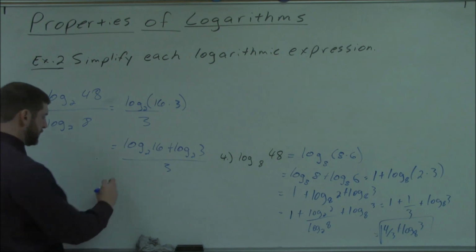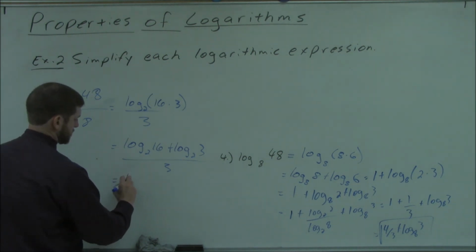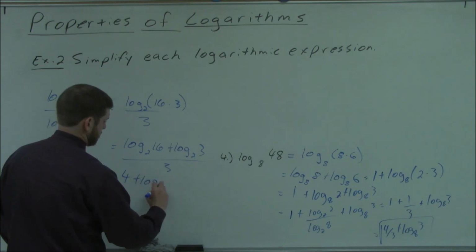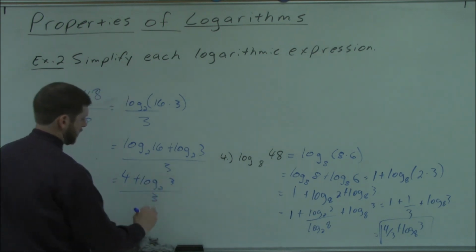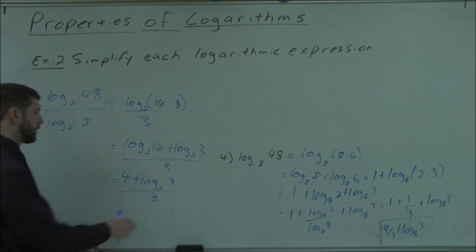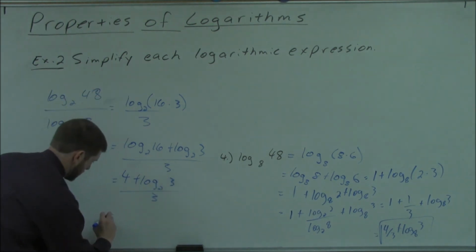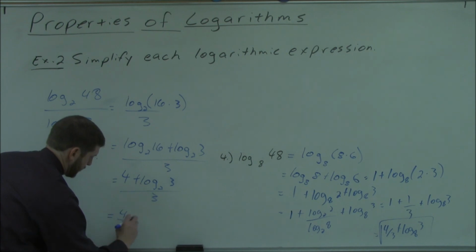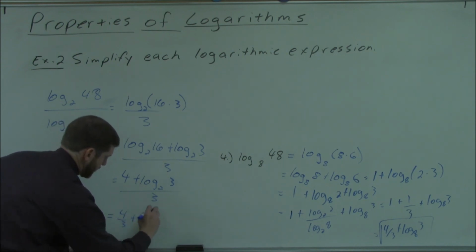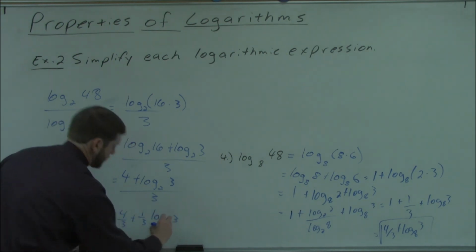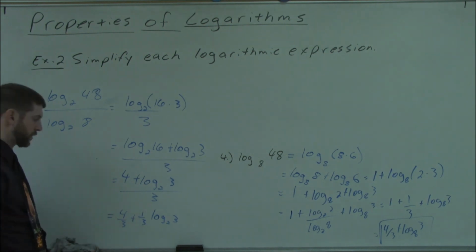Log base 2 of 3. And we get log base 2 of 16 is 4, plus log base 2 of 3, all over 3. And again, going through and trying to clean it up, that's 4/3 plus 1/3 log base 2 of 3. Remember, divide by 3 means times 1/3.